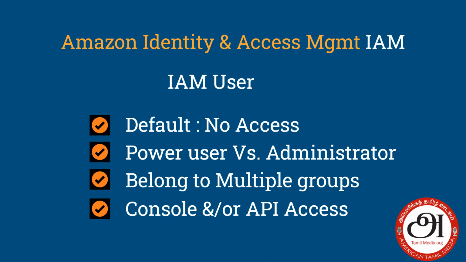He can only log in, and that too if he is allowed to log in through the console or through the API. So what I'm trying to say is the administrator should grant each and every privilege the user needs. There is no assumption.